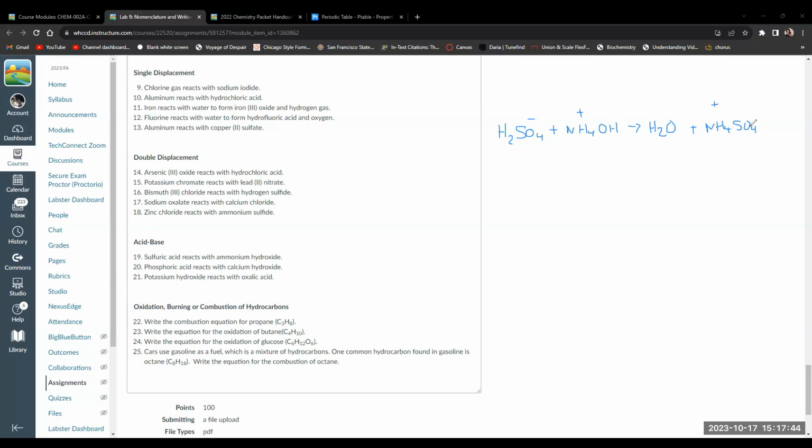Again, ammonium is one positive charge and sulfate is two, so we're going to have two of them here.